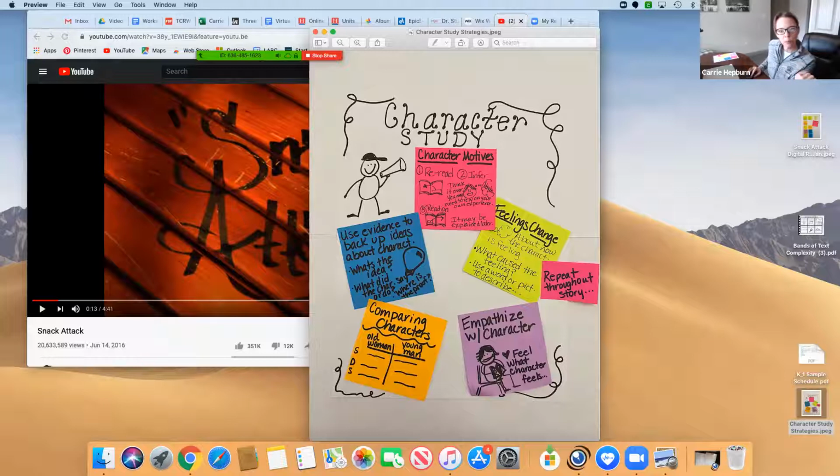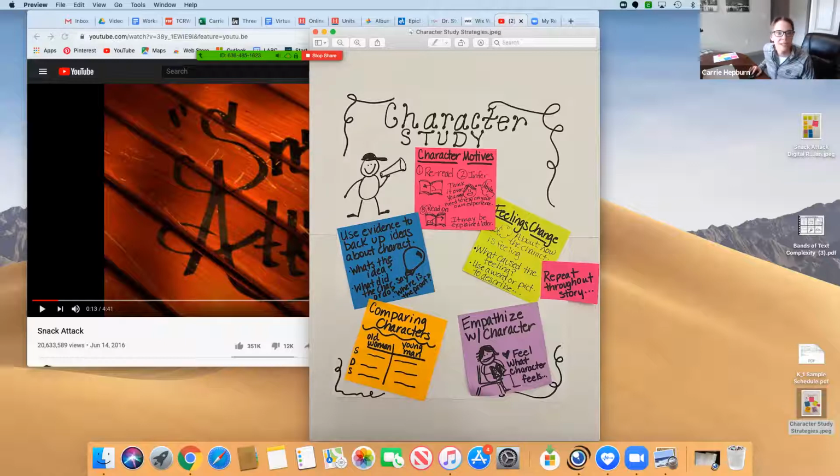Sometimes we would reread to see if it would help us understand, and sometimes we would read on. Another strategy was noticing how the feelings of the characters changed, and thinking about what caused that feeling, what made the character feel that way. We also would come up with ideas about characters based on evidence that we found inside the text.